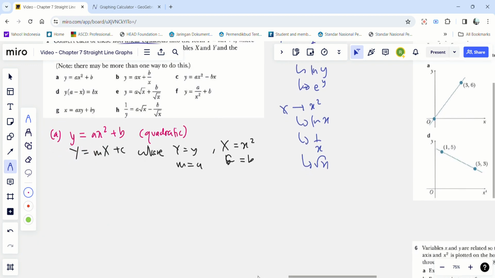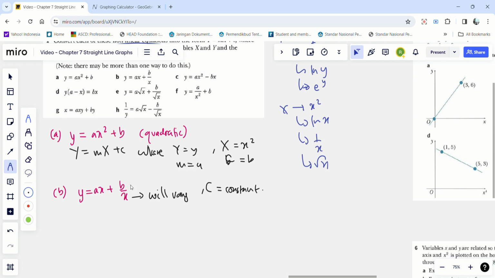For example, question B: y equals ax plus b over x. In this case, we cannot simply say y equals mx plus c, because it will be weird for the c, since the c must be a particular constant and it should not change. Having it as b over x would be weird because x is a variable. It means this term will vary and have different values, and c cannot change. c is a constant.